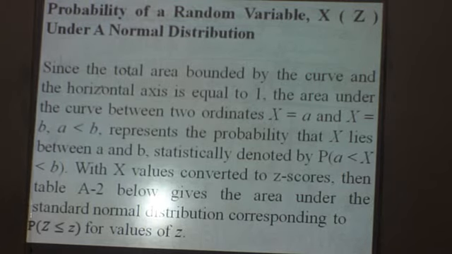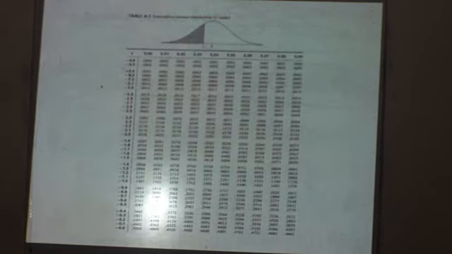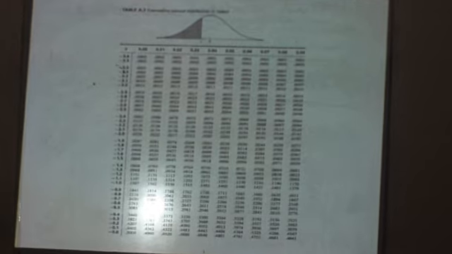So with this, I think when we solve some examples, you will understand. Now this is the Z distribution table or the standard normal distribution table. It normally ranges from negative to positive. Don't forget, earlier on we said the Z values range from negative 4 to positive 4. The same thing applies here.